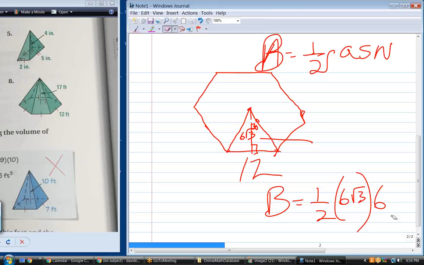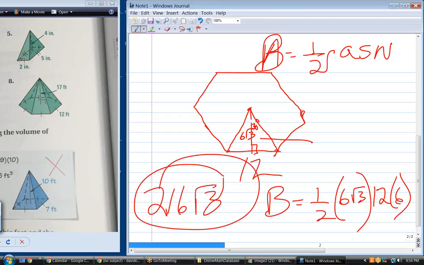Now let me write these in the right order. Side length is 12. Number of sides is 6. So that's the area of the base. And let's see, what is that? 72 times 3, 216 root 3. That's the area of the base.